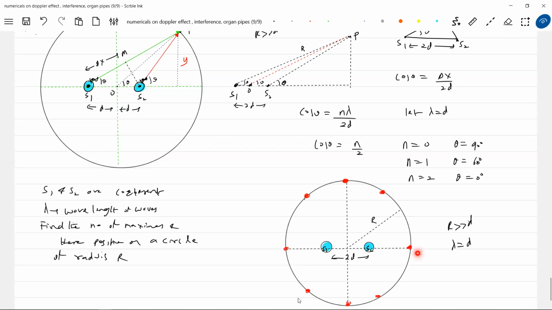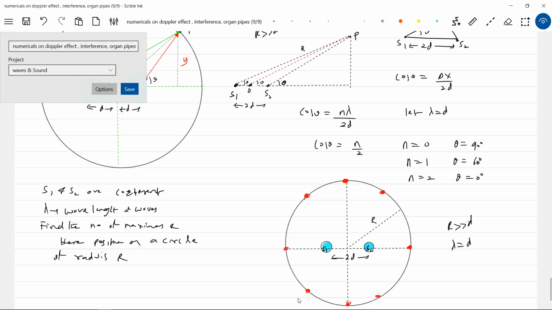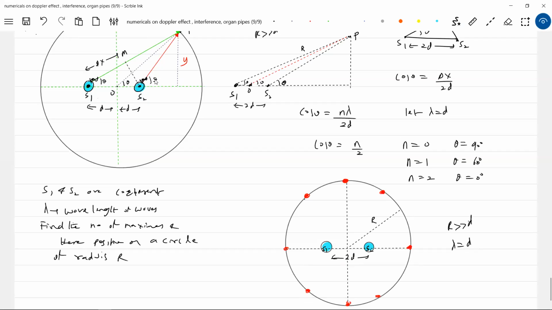Let's count: 8 maximas. It all depends upon this lambda, the relationship between them. Lambda equal to 2d, you make it. Lambda equal to 3d, or lambda equal to d by 4. So how many maximas now for lambda equal to d? 8 maximas are detected by the detector.